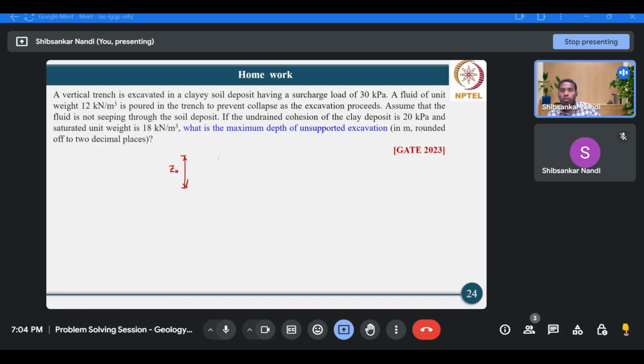For this portion, your pressure is negative. For a similar height, Z0, below this tension crack zone, the pressure will be in the opposite direction, so it's positive.